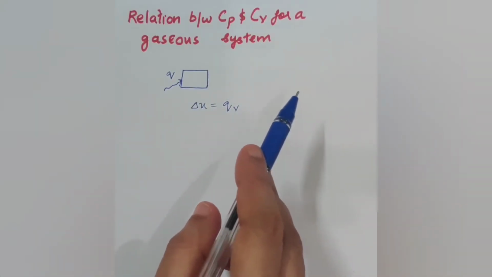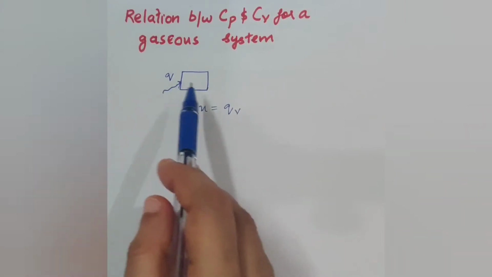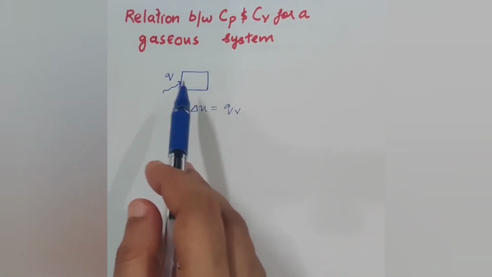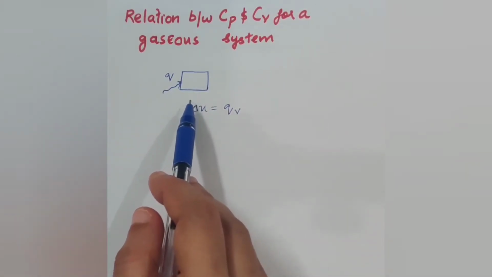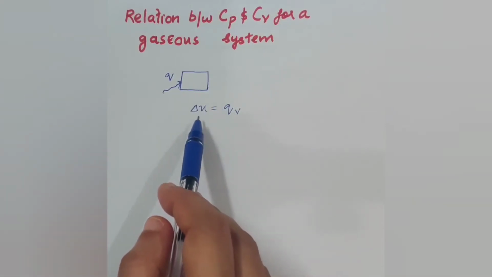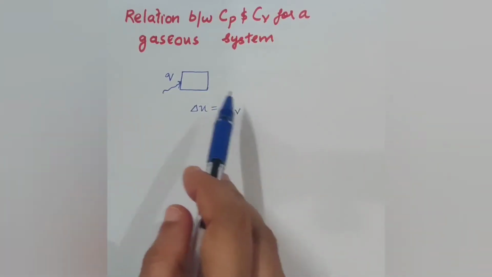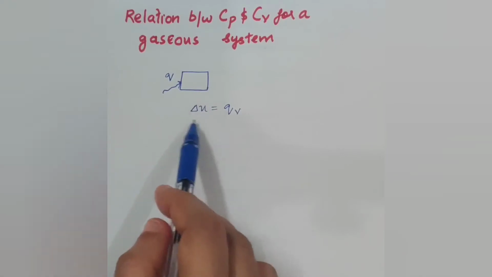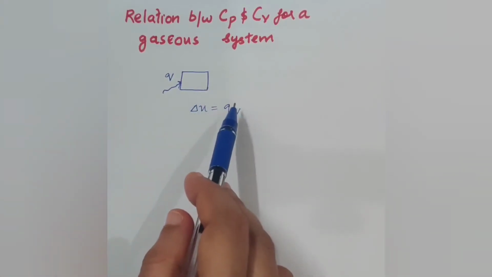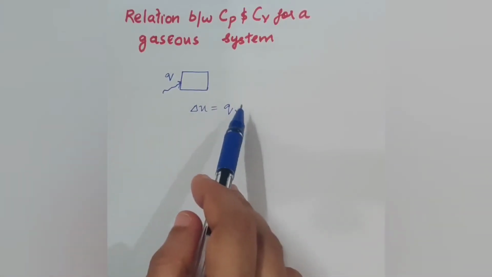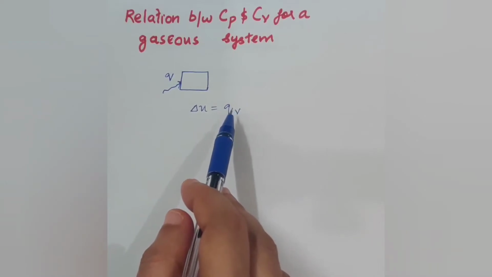Hence, when heat is added to a gaseous system at constant volume, it is used up completely to increase the internal energy of the system, since no work is done by the system.